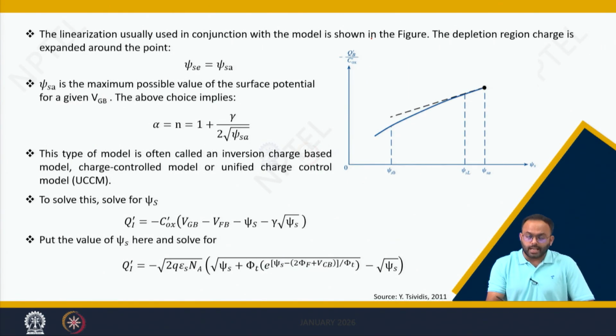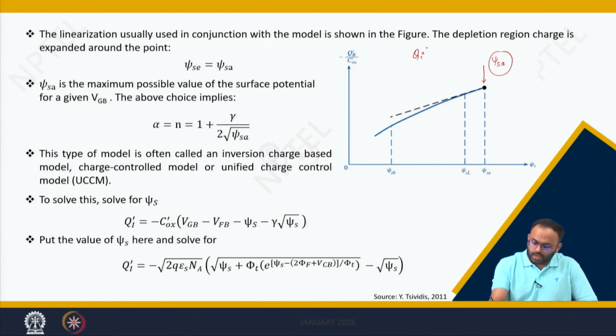So let's linearize this model further, because we do have some non-linear term. So how can we linearize this? For that, in general, we choose a linearization point as psi sa, because we need to choose some surface potential around which we get the inversion charge, and then that inversion charge value we will put back into the equation to get a closed form equation in terms of inversion charge.